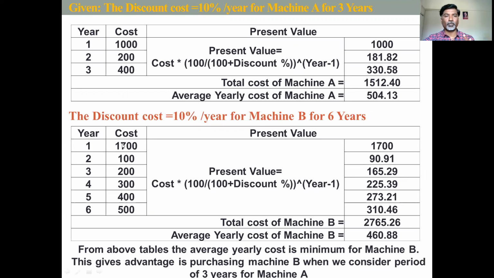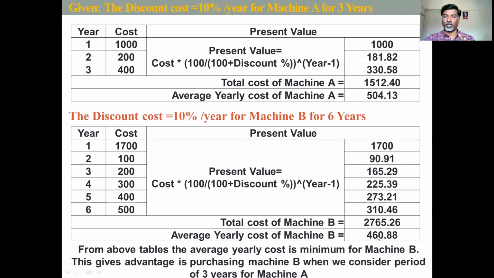If you put the values of cost, discount, and year in this formula, you can calculate the present value for machine B. The total cost for machine B is 2765.26. Average yearly cost is total cost divided by number of years, which is 6. So we will get 460.